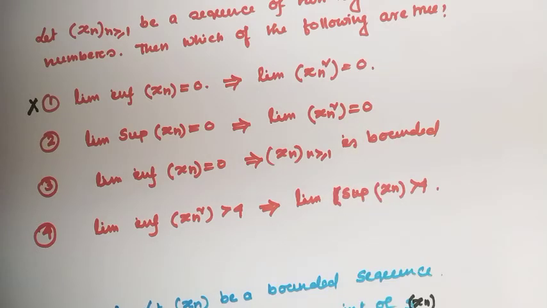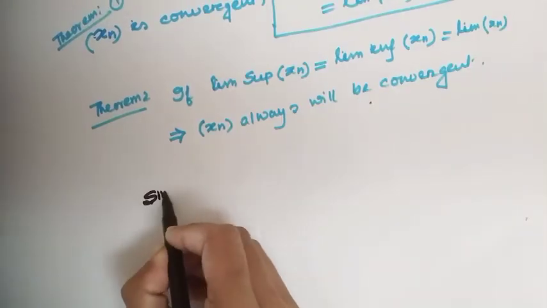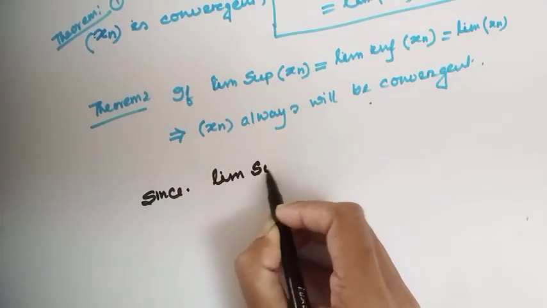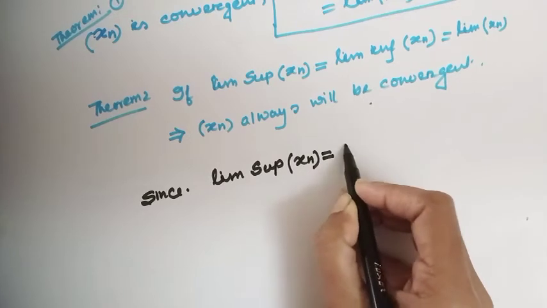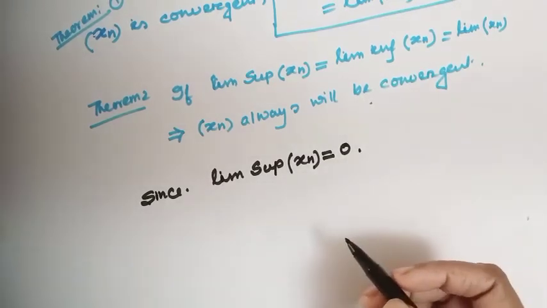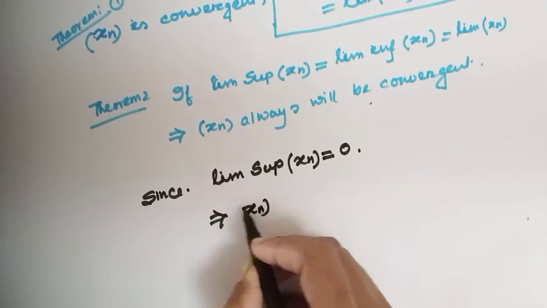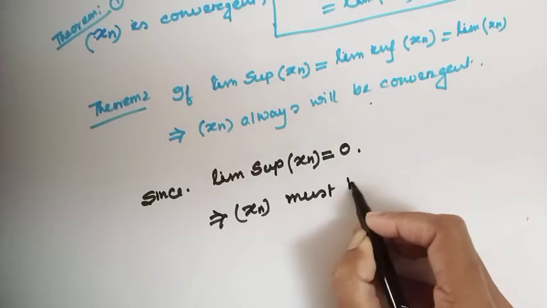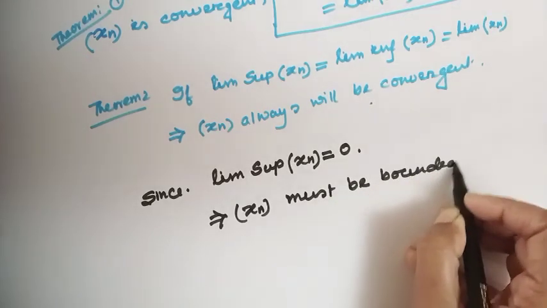Since it is given that limit superior of xn equals 0, that means the sequence xn must be bounded.